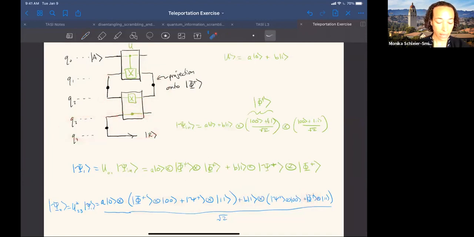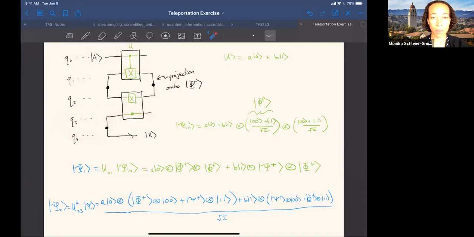One way to think about this is that the only way the middle two qubits will end up in the original EPR state is if either no qubits got flipped or both qubits got flipped. One of those flips is controlled by Alice's qubit, and the other is controlled by part of this EPR pair at the bottom.